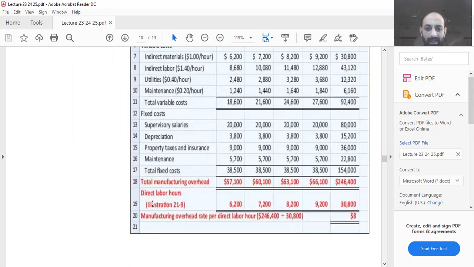And we already know the direct labor hours for each quarter. So when we use this figure of direct labor hours, we get the manufacturing overhead rate per direct labor hour. We know it for the whole year is 246,400. We divide it by the direct labor hours. So we get the total figure.